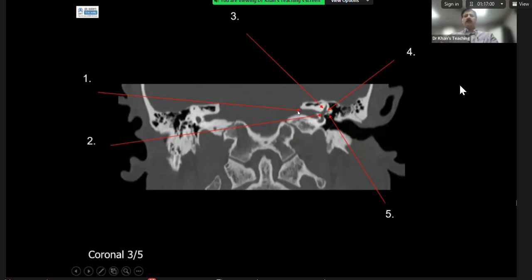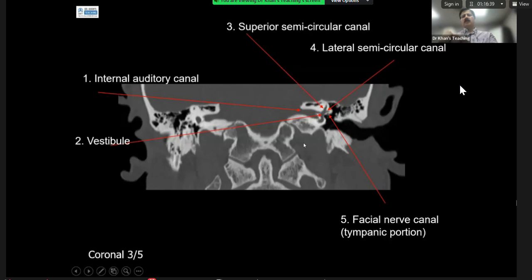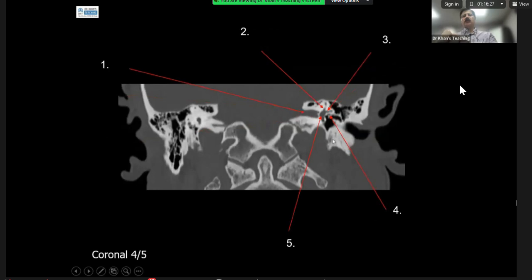So, number 1, number 2, 3, 4, 5. So this is the vestibule, the superior semicircular canal, the lateral semicircular canal, the tympanic portion of the facial nerve.